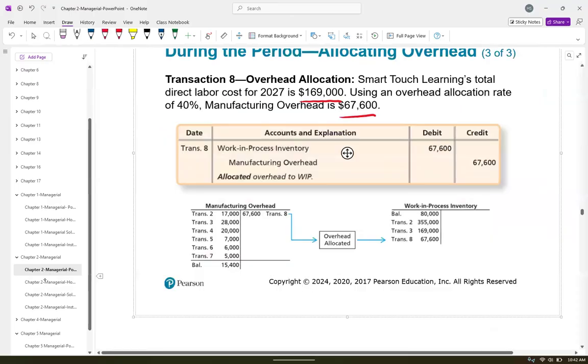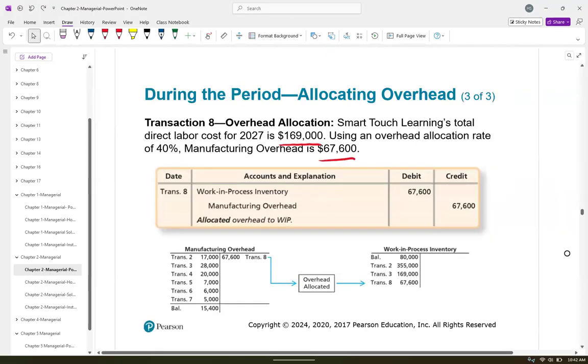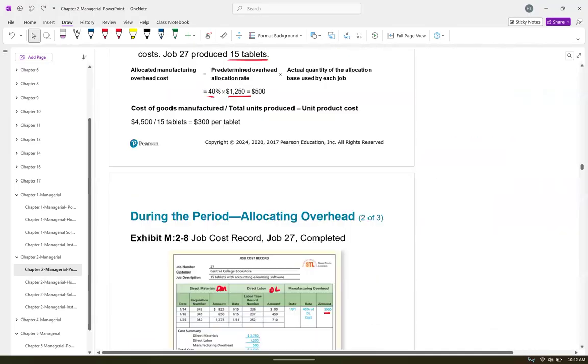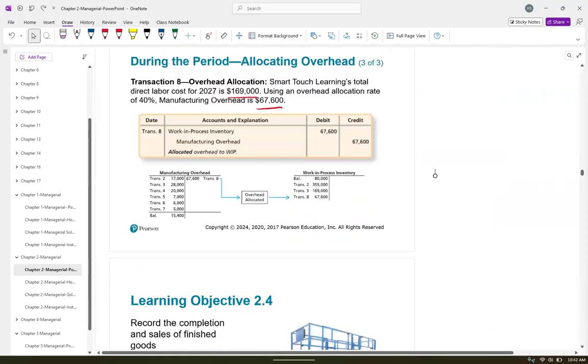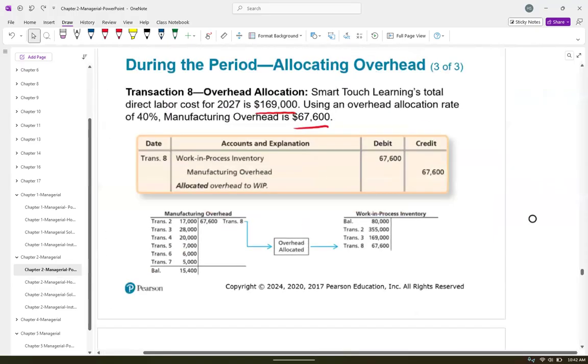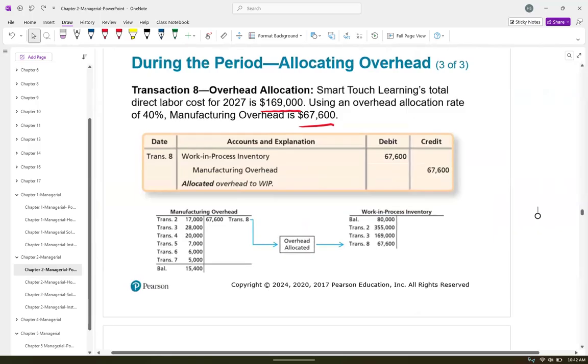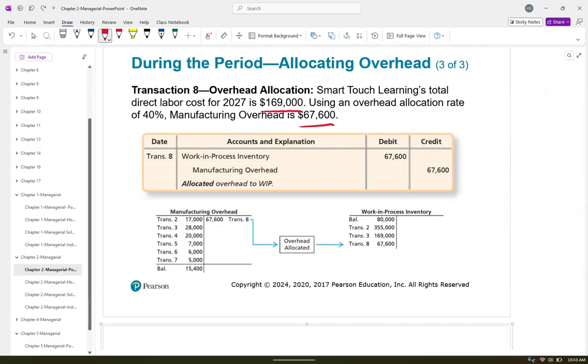It's kind of like that one we did just a second ago was a problem separate from that. But this goes back to those transactions that we did earlier. I bet we could go back and find that 169 in that previous objective. Okay, so they're going to allocate 169. They're going to take and base it on 40%. That means our manufacturing overhead is 67,600.